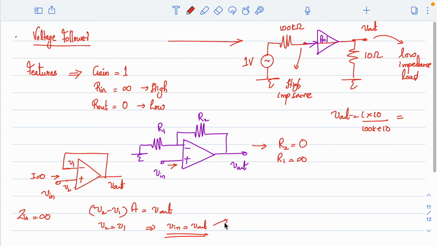Basically this will give you a gain of unity, input impedance of infinity, and output impedance of 0 because it is already shorted. This is how you can configure an op amp as a voltage follower, which is a very useful configuration used in many circuits.